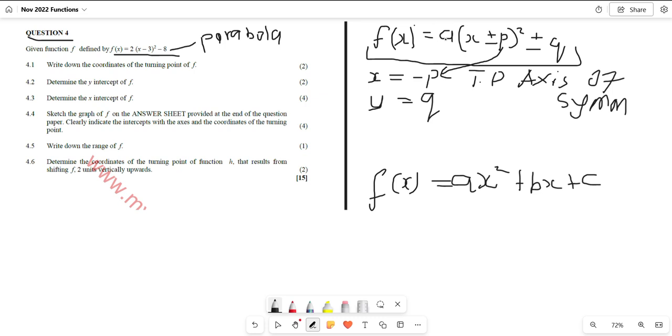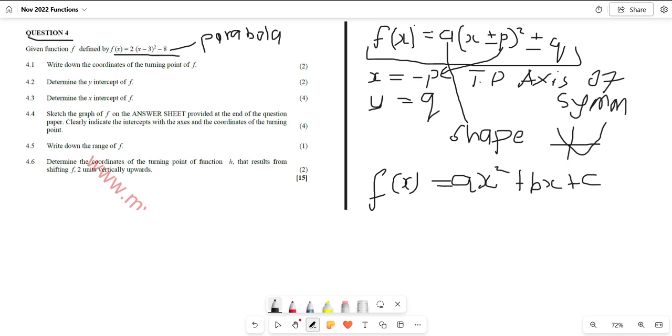Then parameter a, the value before the bracket, gives us the shape of the parabola. If the value of a is a positive number, we are going to have a parabola that is facing upwards.